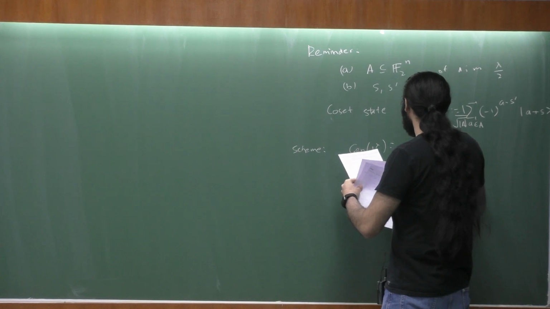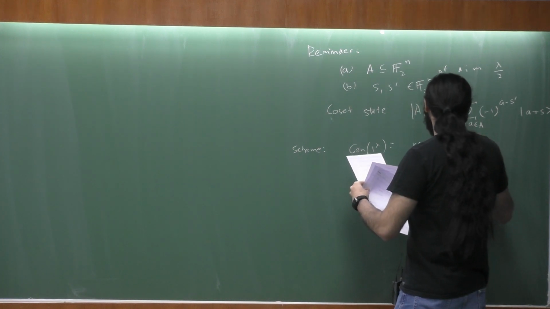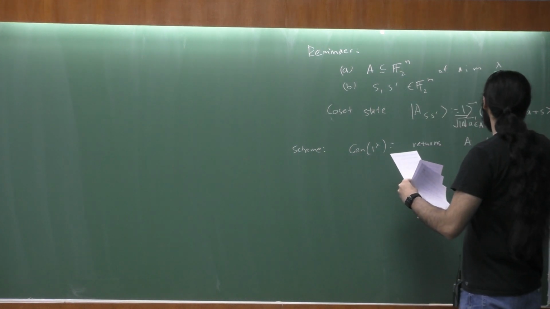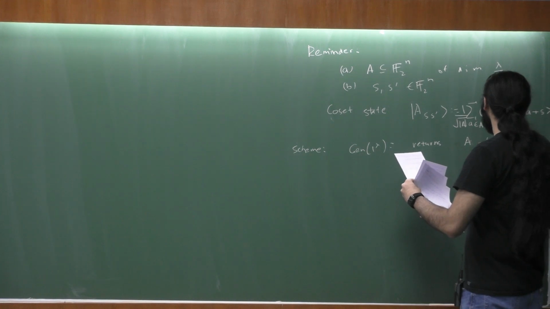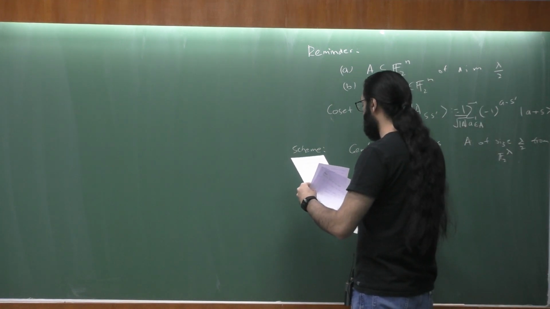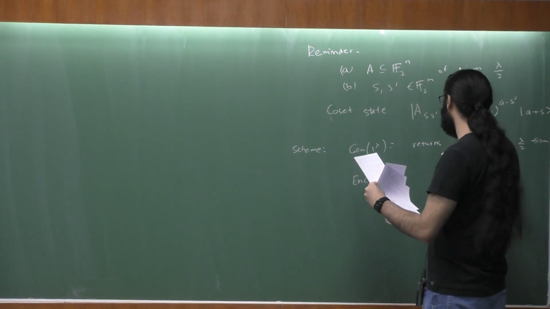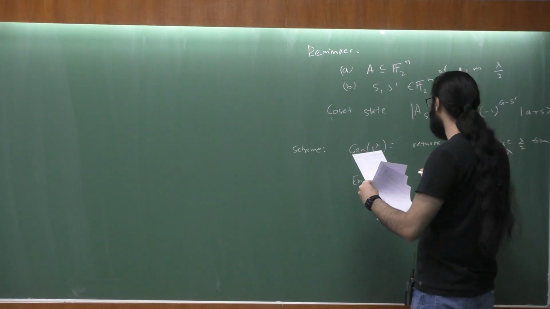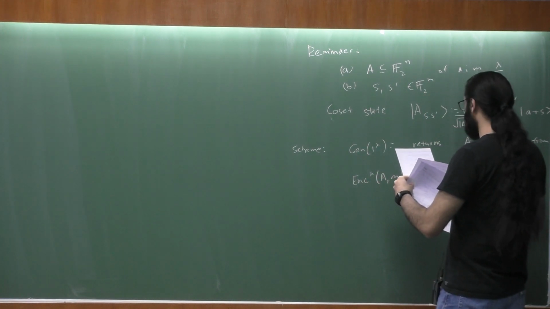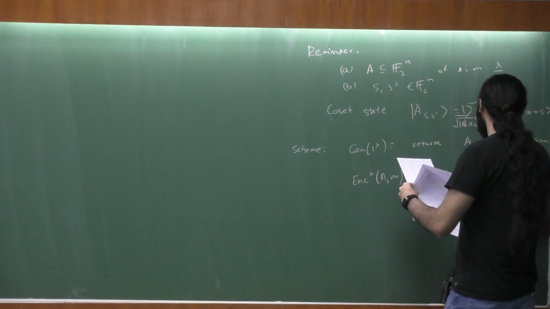Okay, so we return a random subspace, so you return A of size lambda by 2 from F2 to the lambda, and then Encrypt H. So you're given the secret key A and M, and what you do is you sample S, S prime from F2 to the lambda, and then you output the coset state A, S, S prime.